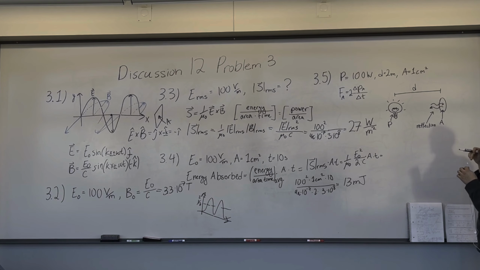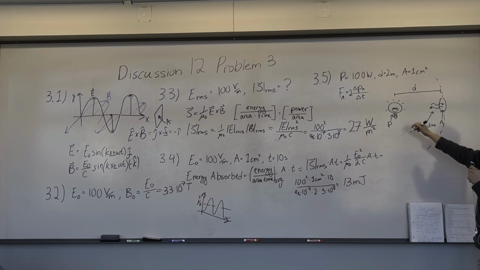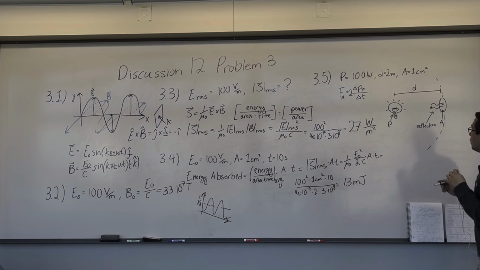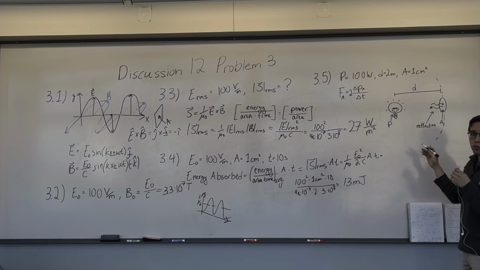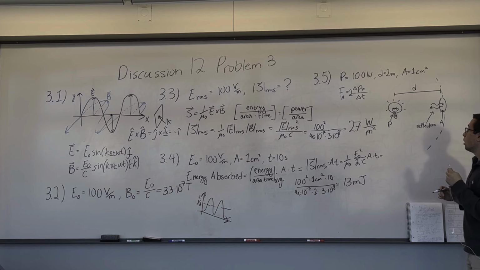And the way we're going to do that is we're going to imagine a sphere around our light bulb, a tiny part of which is our surface. The reason that helps is because we have uniform isotropic illumination. That means in all directions we have the same amount of energy and momentum going out.